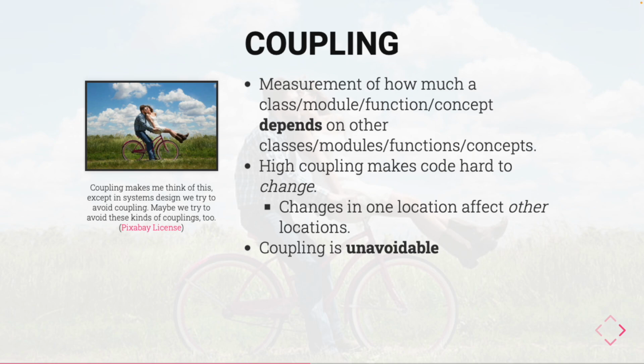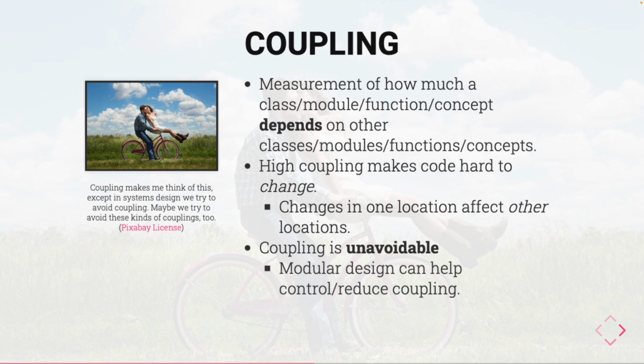Classes, modules, functions, concepts, they have to use other things. So it's impossible to make something that's completely self-contained. I suppose you could achieve that by making your program one giant class, but you can probably see the issues with that.